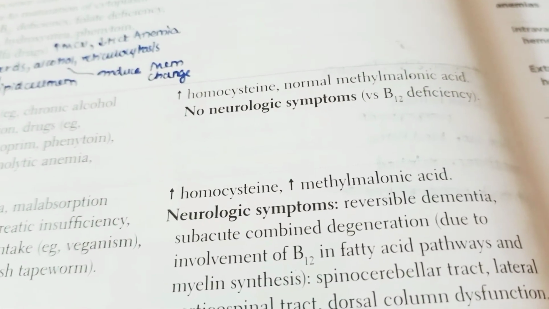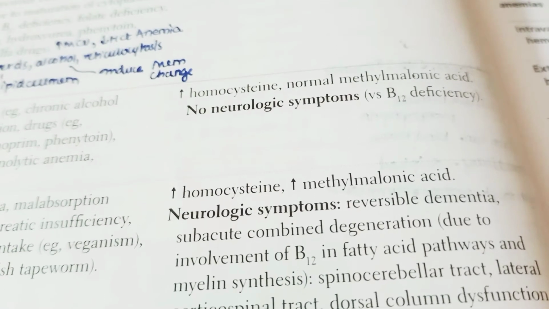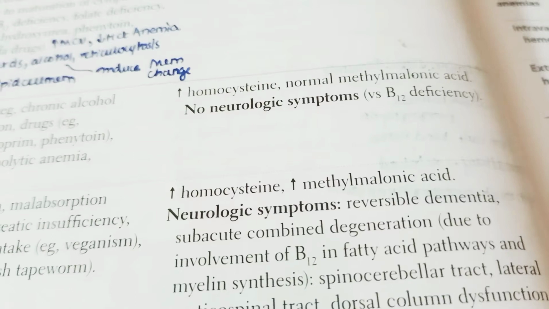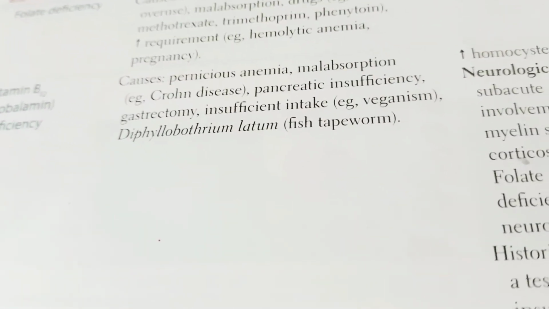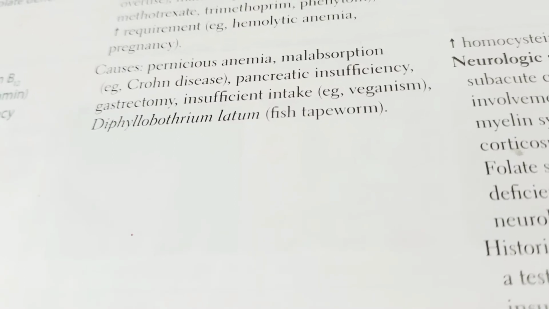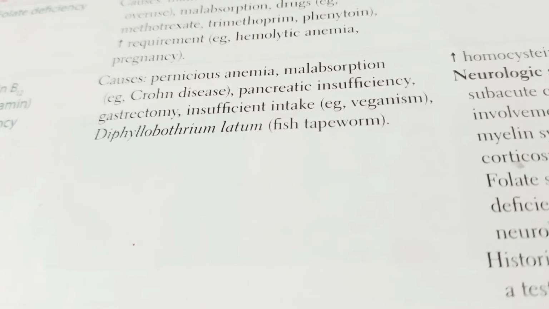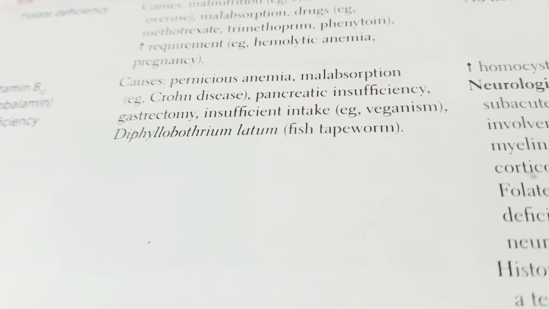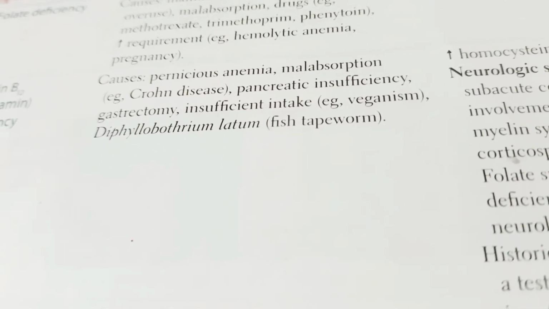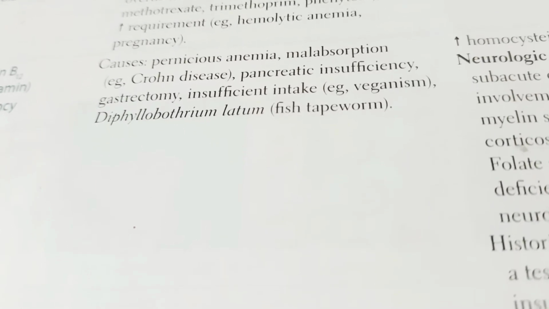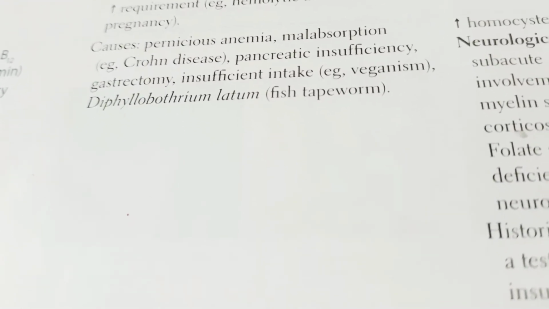So in folate deficiency, findings are increased homocysteine but normal methylmalonic acid, and there are no neurological symptoms. But in vitamin B12 deficiency, you'll get neurological symptoms. It is causing pernicious anemia. Causes are pernicious anemia or malabsorption like Crohn's disease, pancreatic insufficiency, and also gastrectomy, insufficient intake like in vegans, and also Diphyllobothrium latum, the fish tapeworm, can cause this deficiency.